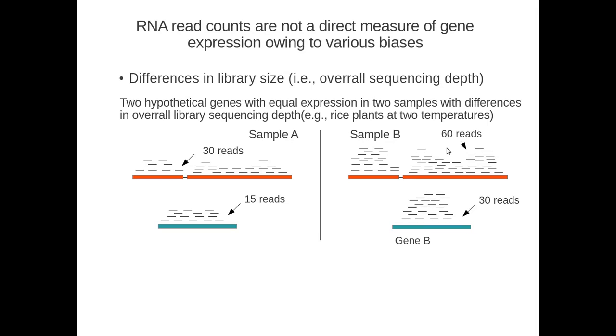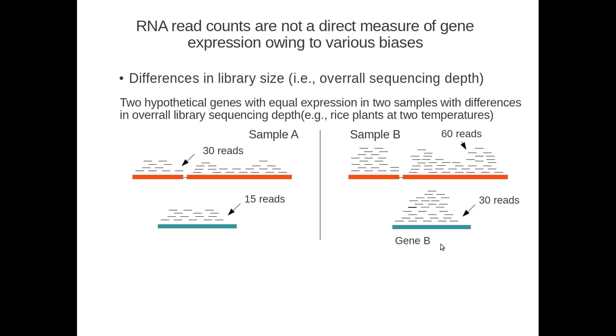And so here you'll see that for each of the two hypothetical genes, sample B has twice the number of reads as sample A. What I'm illustrating in the hypothetical example is two genes, one in red, one in blue, that are not differentially expressed. Just to make it clear, there are 60 reads here, and 30 here.